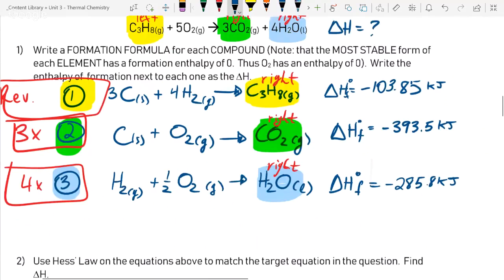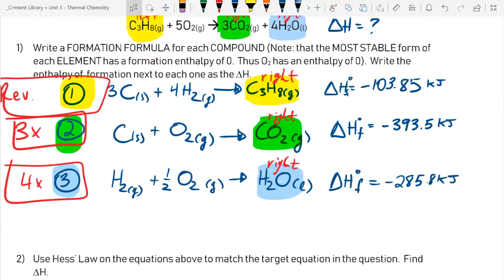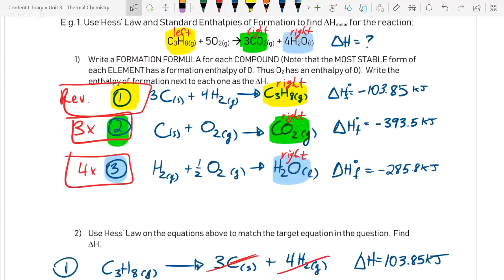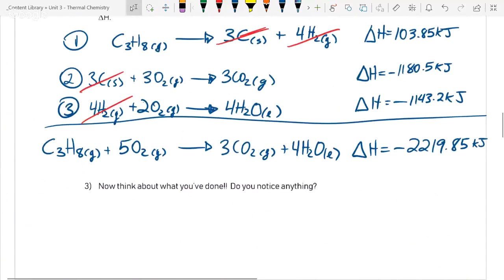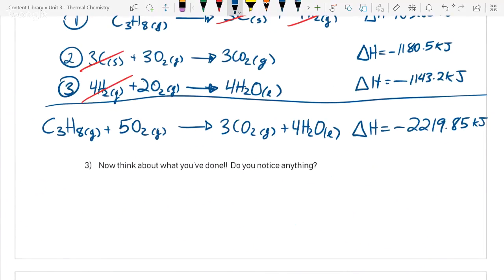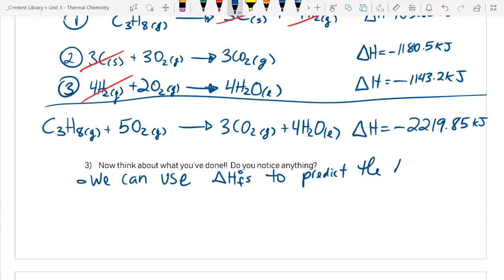You look at its formation enthalpy for every compound in the equation. That's right. We can use delta H not Fs to predict the delta H of a reaction.